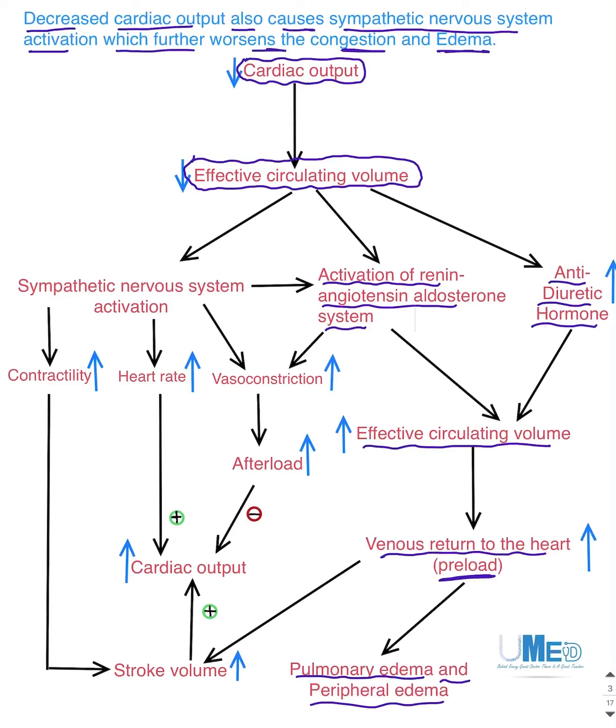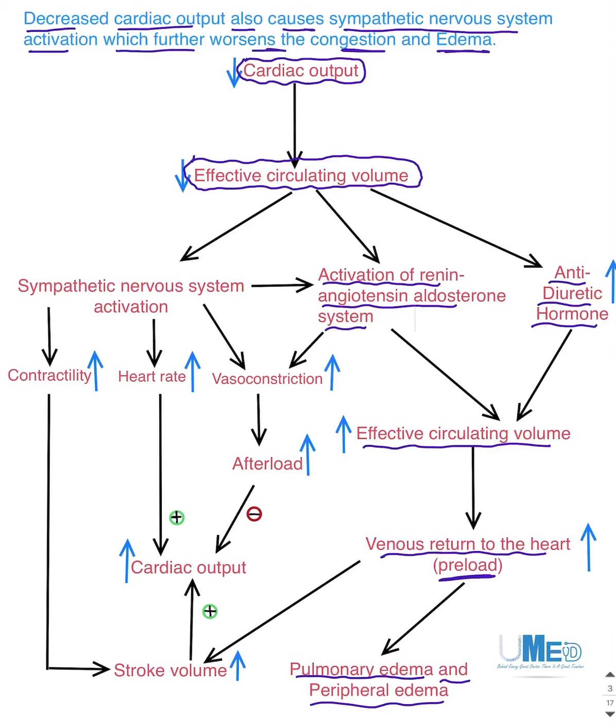So there will be increased pulmonary edema and peripheral edema will worsen. So that is the problem actually. As I told you, the increased effective circulating volume due to activation of the renin-angiotensin-aldosterone system and antidiuretic hormone will further worsen the congestion and the edema.